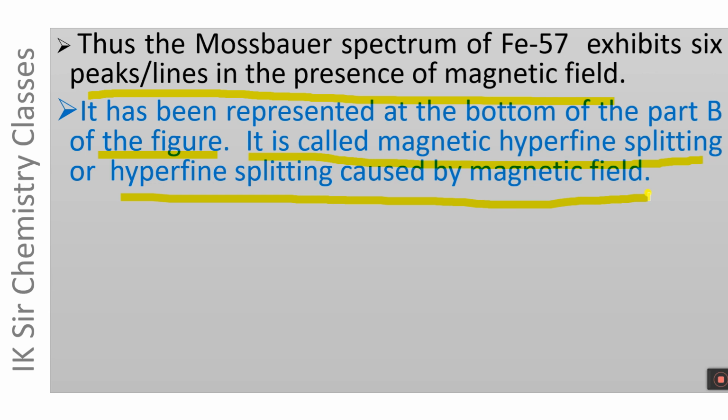The splitting of an absorption peak in the presence of a magnetic field in the Mössbauer spectrum is called hyperfine splitting caused by magnetic field, or simply magnetic hyperfine splitting.